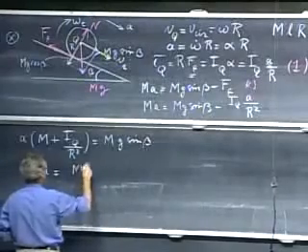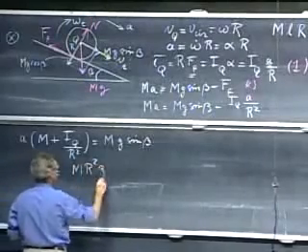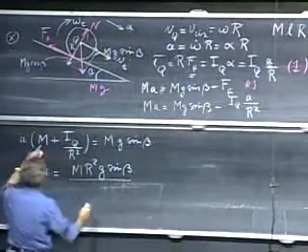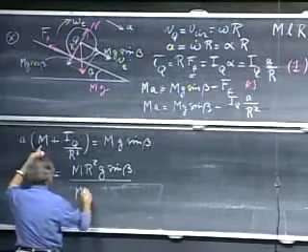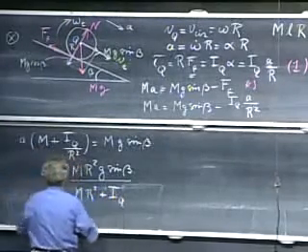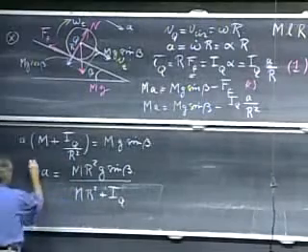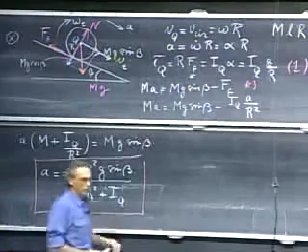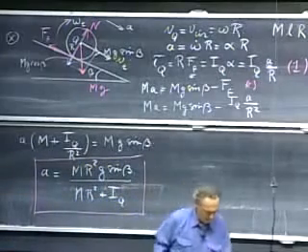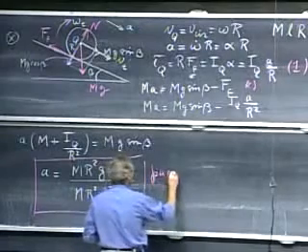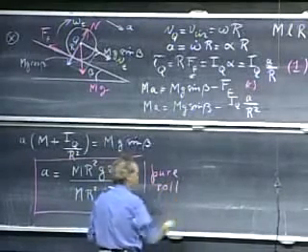I get mR squared g sine beta upstairs, and downstairs I get mR squared plus the moment of inertia about that point Q. And this is my result, and all I have to put in now is the moment of inertia of rotation about that axis. I want to remind you, though, that it is only true if we have a situation of pure rolling.